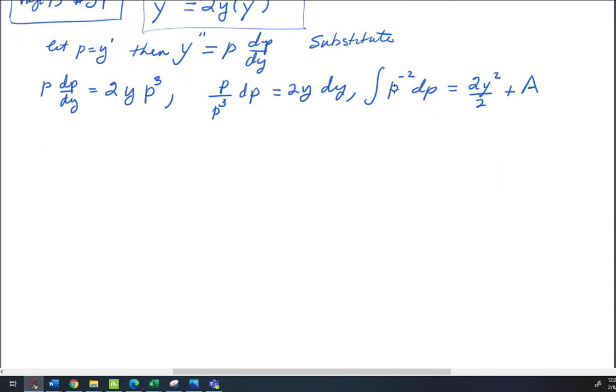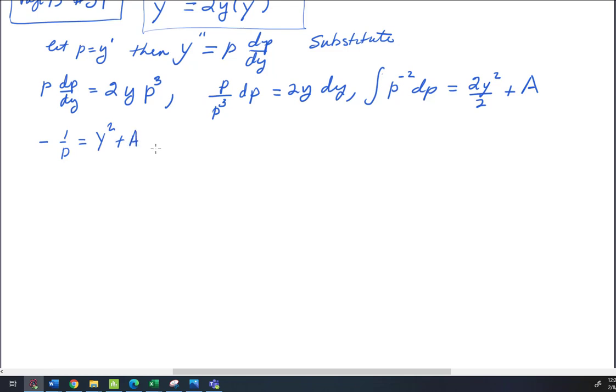So what's the integral of p to the negative 2? This would be p to the negative 1 divided by negative 1, so this would be negative 1 upon p is equal to, and the 2's cancel out, so this is y squared plus a.